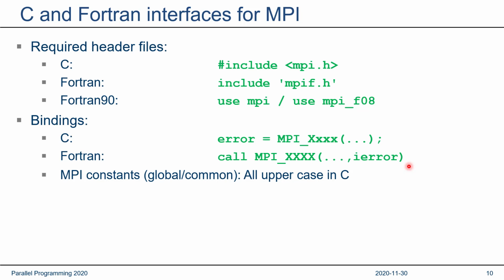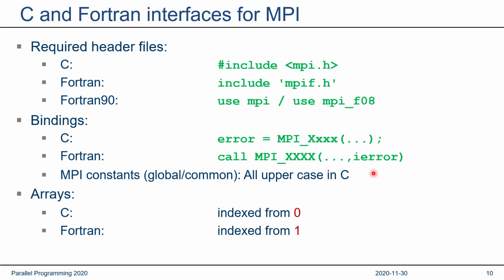Also, as you know, in Fortran, function and subroutine names are not case sensitive, while in C they are case sensitive, and they always start with uppercase MPI underscore, and then one uppercase letter, and then only lowercase letters. This is the convention for MPI functions in C. Again, in Fortran, it doesn't really matter. In MPI, there are a couple of global common constants. In C, they are also all uppercase.